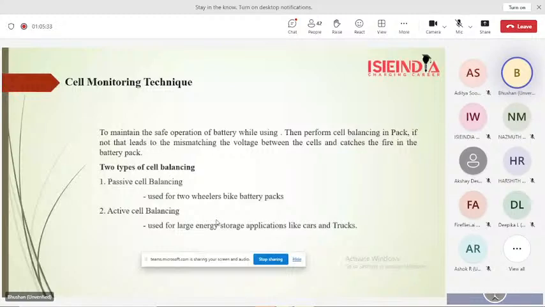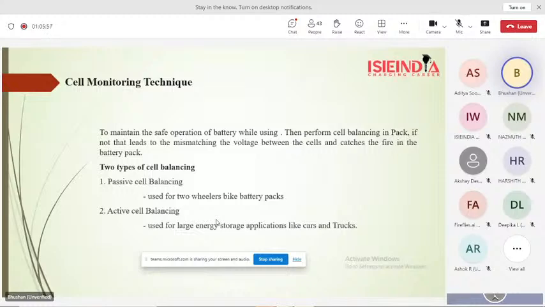Otherwise, if the second cell is at 3.6 volts, you need to charge it up to 4.2, and that is not possible every time. We do not need to charge the battery every time. So we discharge the higher voltage down to the lower voltage. That is done by a resistor, inductor, or capacitor, and it is called passive cell balancing.